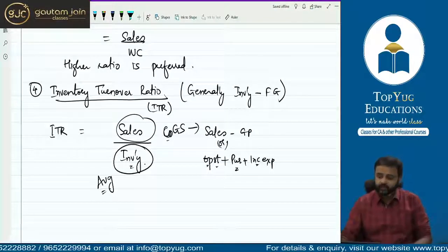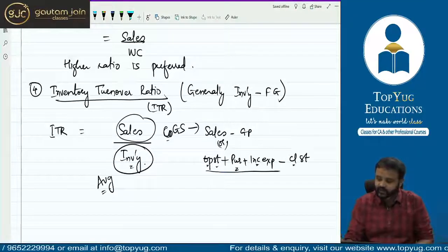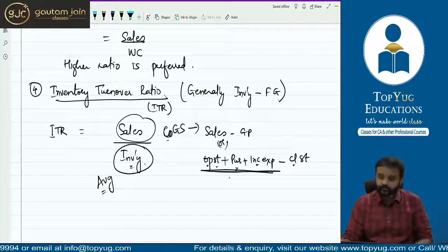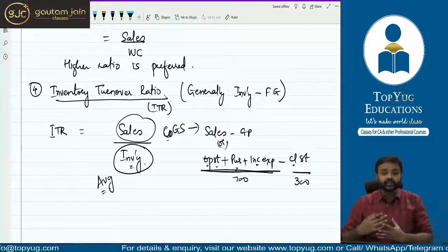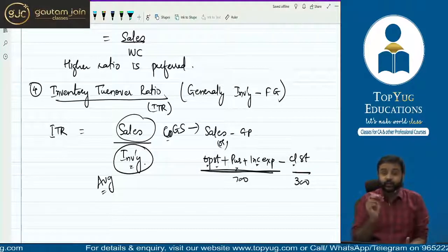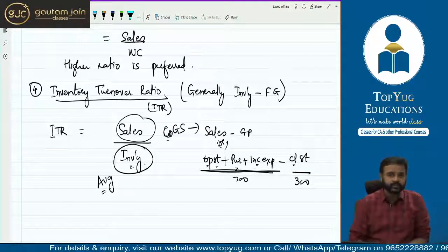Sold, right? And 400 is at cost price, so that is cost of goods sold. Am I right, guys?